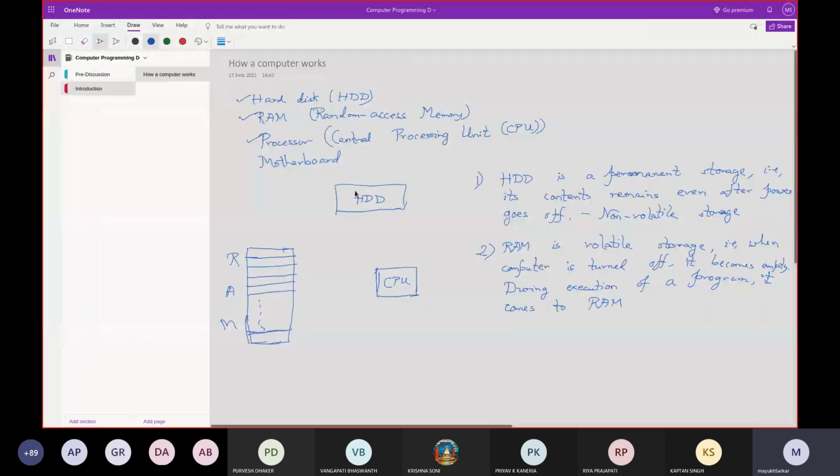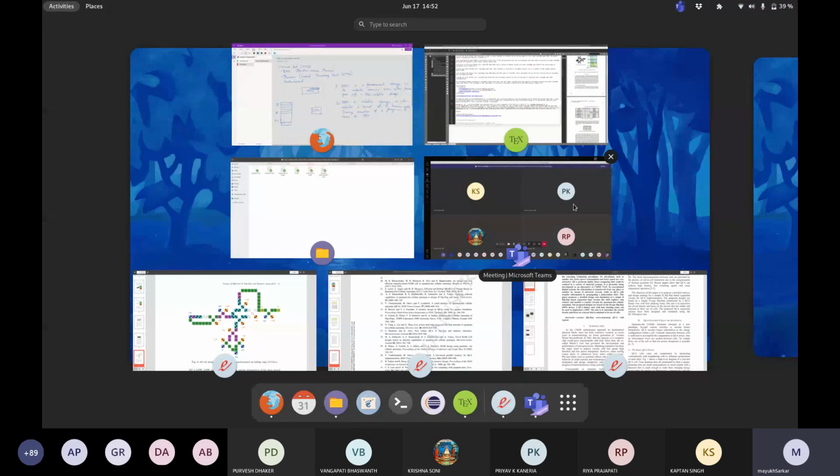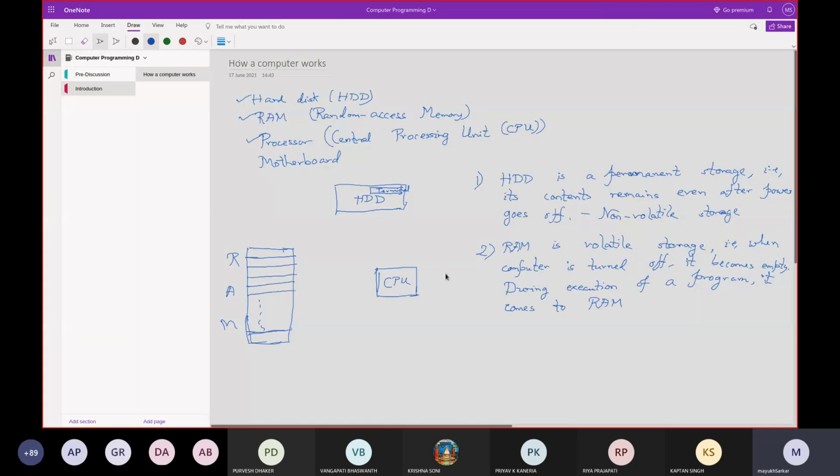Maybe suppose at this position of the hard disk the complete terminal program is residing. Okay, I've just written as an example. Now in the RAM, as there is no terminal running, no trace of the terminal program is in the RAM at this moment.